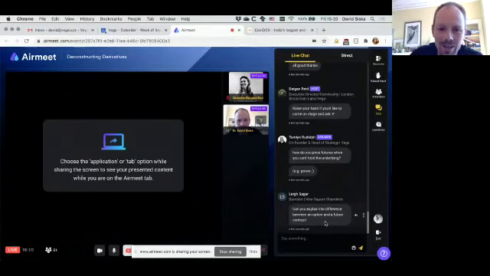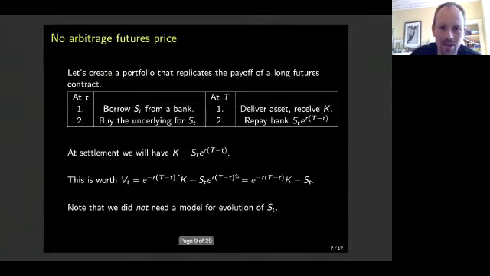Yeah, so to answer Tamlin's question, if you can't hold the underlying, I'm actually not sure. You could quite easily generalize the argument that we had here to include something like storage costs.